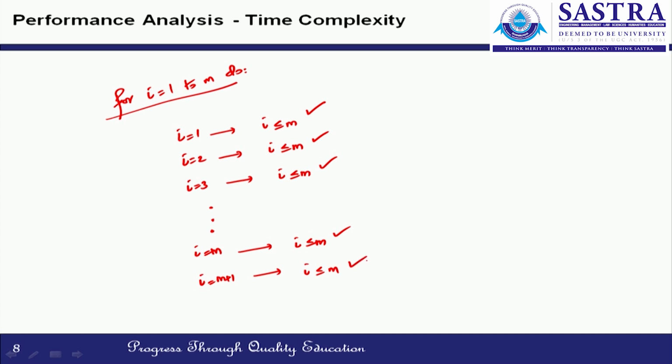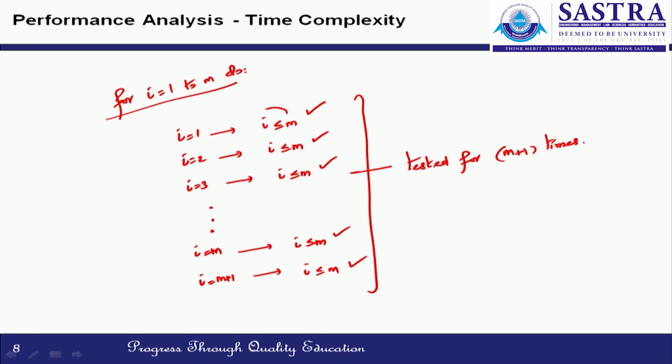So, executing i less than or equal to m is one program step, count is incremented by 1. How many times is this condition tested? m plus 1 times.